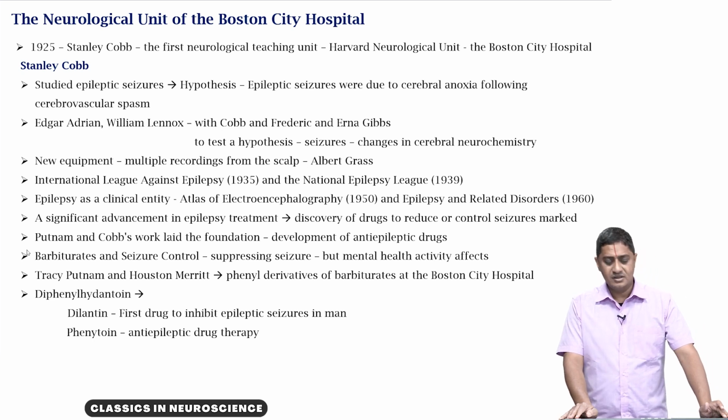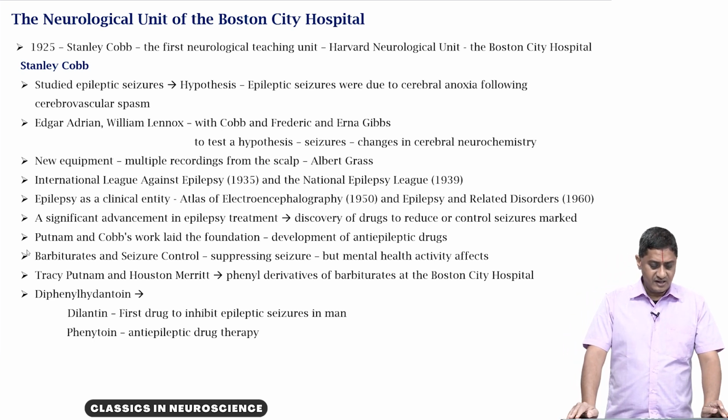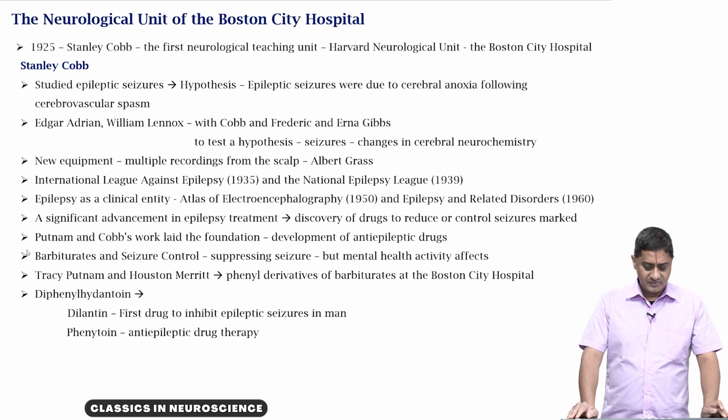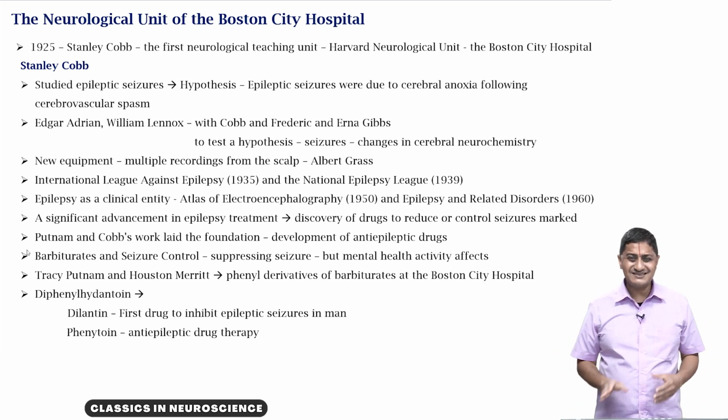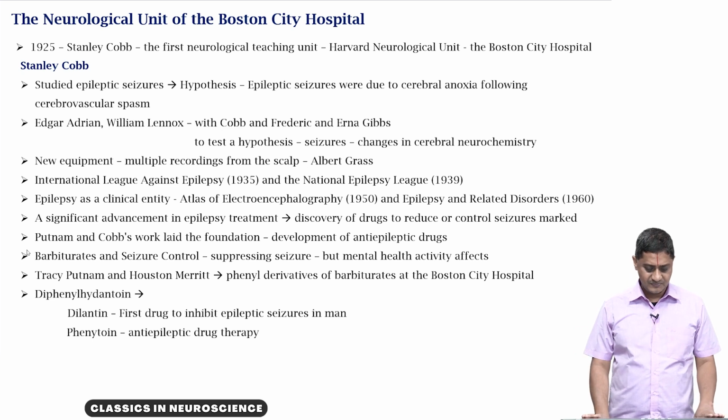They found that diphenyl hydantoin helped in improving symptoms of epilepsy in a very big way, without hurting the patient as much as the regular barbiturate treatment. So, a slight improvement.